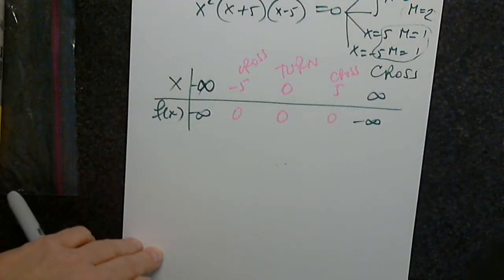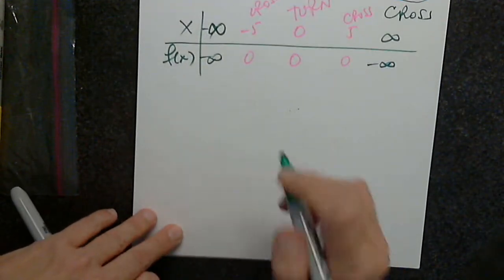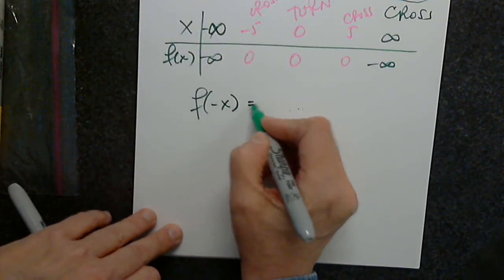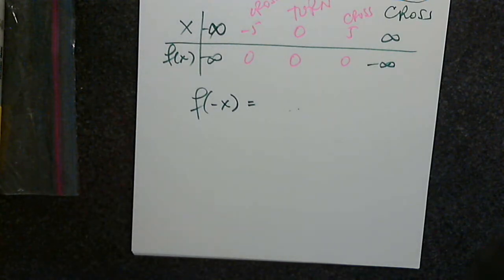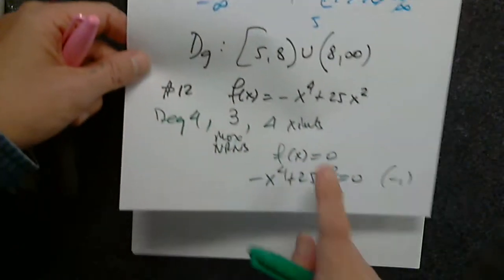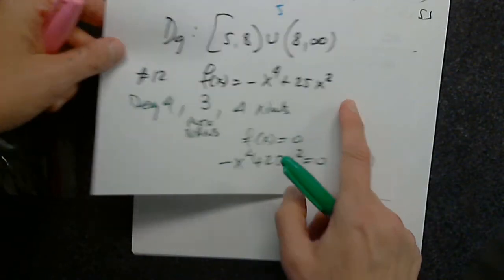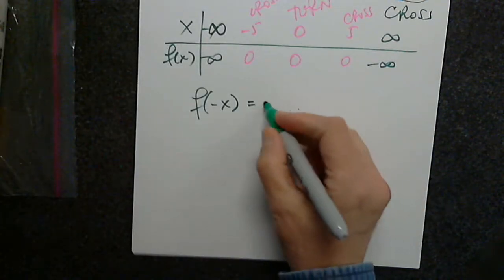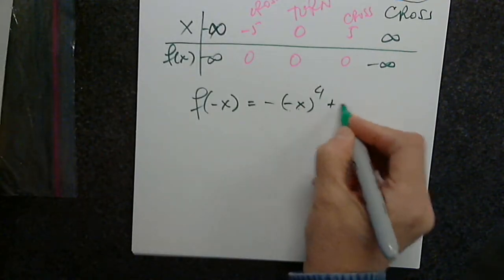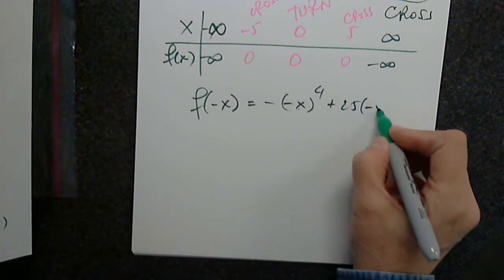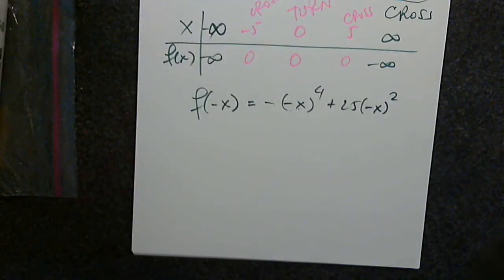The table is done, but now I have to determine symmetry. I have to find f of negative x. So let's plug in negative x to the function and see what we get. The original function is this. So negative x to the fourth plus 25 times negative x squared.